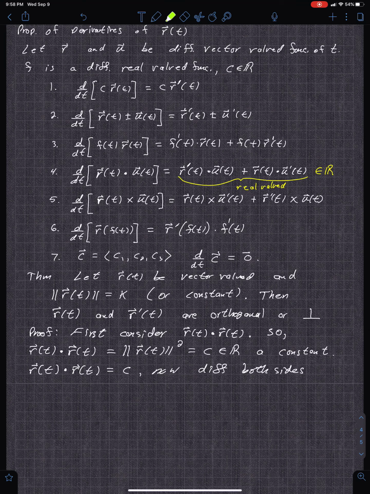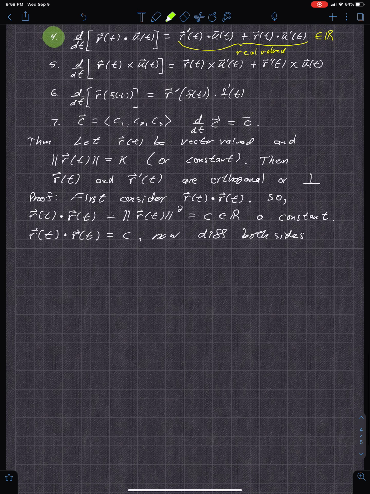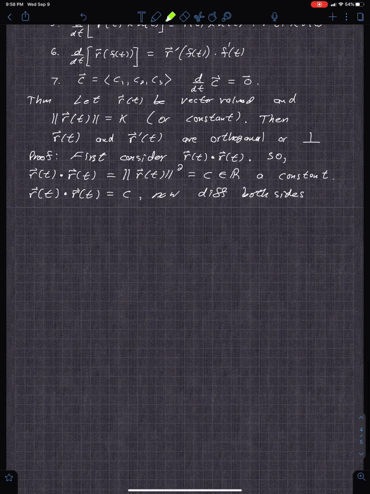We're going to apply the dot product rule, but it's the same value, r. So when you do that, you get r prime of t dot r of t plus r of t dot r prime of t equal to 0.